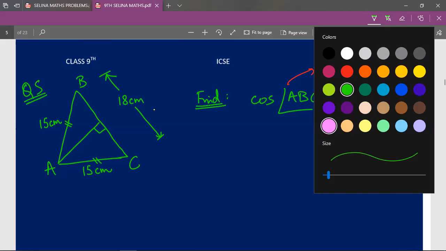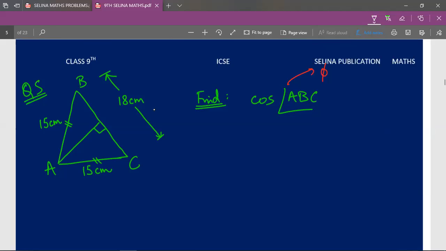So this is angle ABC, which is phi. So we'll write phi. And it's telling us to find cos angle ABC. What cos theta basically means is base upon hypotenuse.